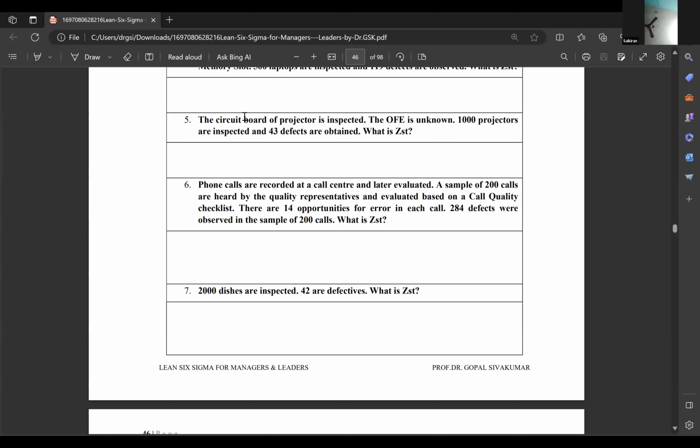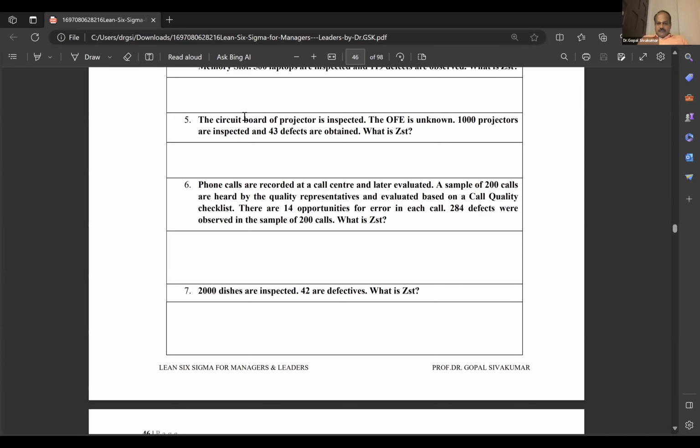Now you can write all the questions correctly, or you can answer some of the questions wrongly also. If you answer wrongly, it will be a defect. All right? That means opportunities for error is 50.